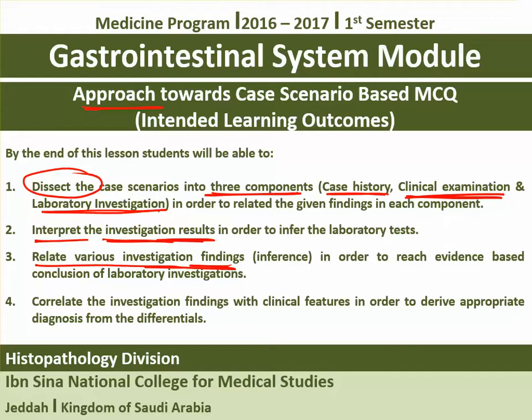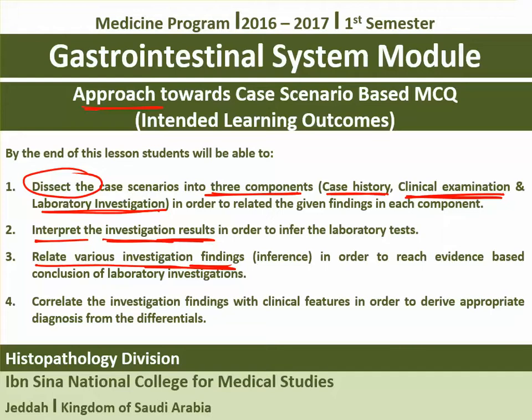I will give a simple example. A person has severe gastritis or ulcer, and his investigations showed vitamin B12 deficiency. Endoscopy is one kind of investigation; it shows an ulcer in the antral region. The blood investigation shows macrocytic anemia, and the serological investigation shows vitamin B12 deficiency.